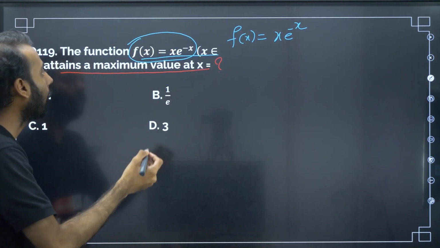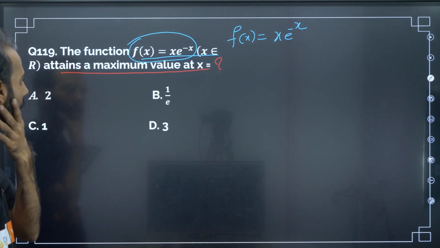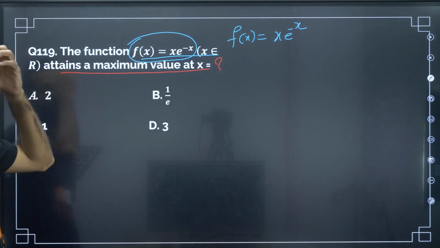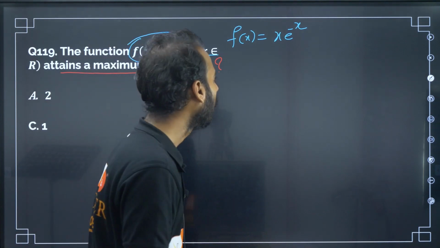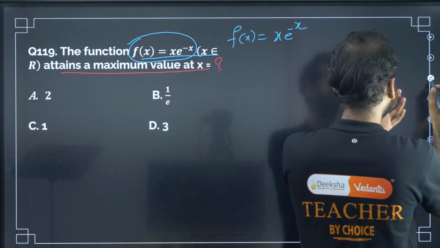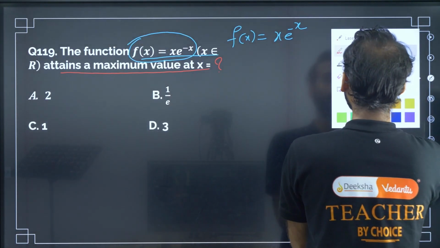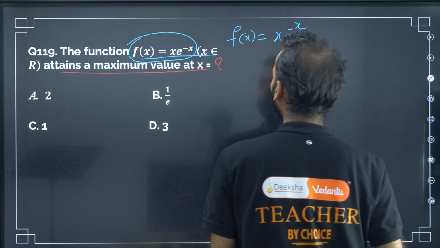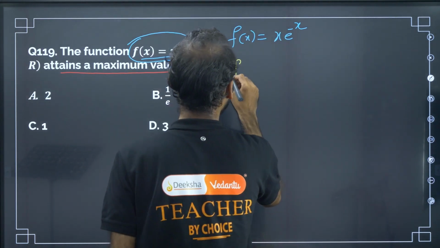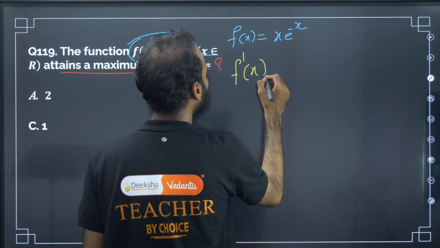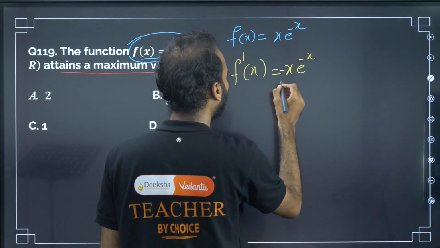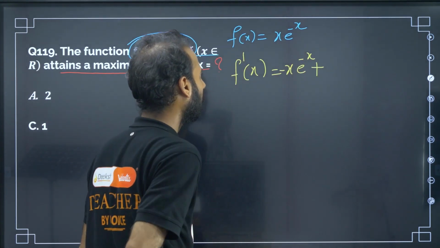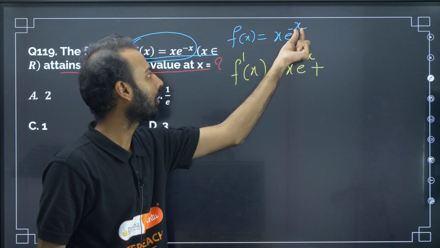At what value of x this function attains maximum value? Now again application of derivative question only, maximum, minimum. So whenever they are talking about maximum and minimum, it is very obvious that we have to go for first derivative. First derivative is x e raised to minus x, differentiation of this is minus plus. So x I have kept, differentiated e raised to x.